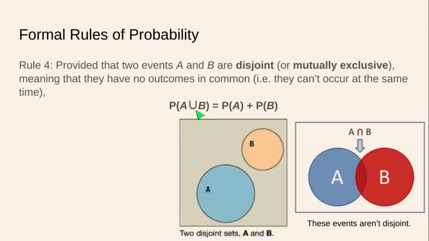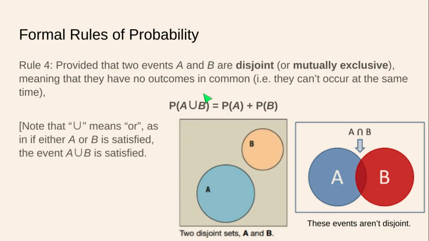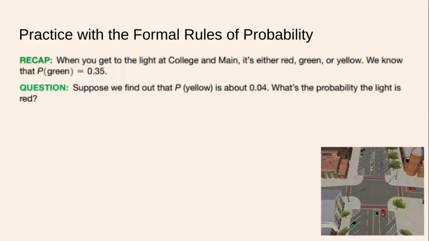So just like this means or, the technical term is union, this right here denotes an intersection of sets, which we see in the image right here. Again, we note that this symbol here, union, means or, as in if either A or B is satisfied, the event A union B, or A or B, would be satisfied. And this is called the addition rule.